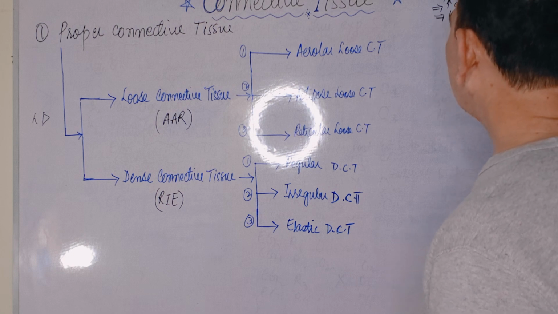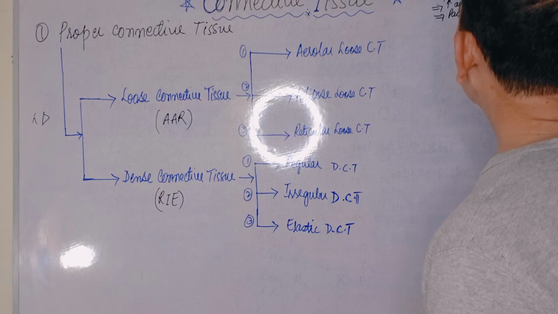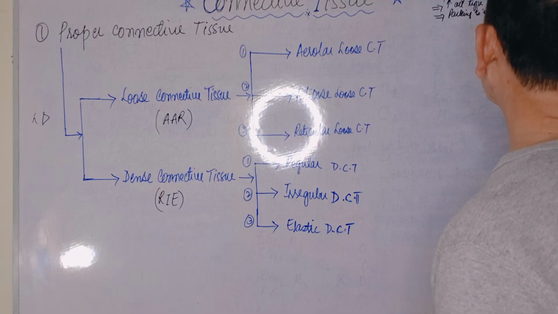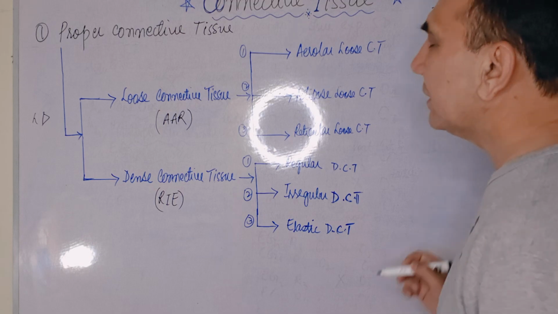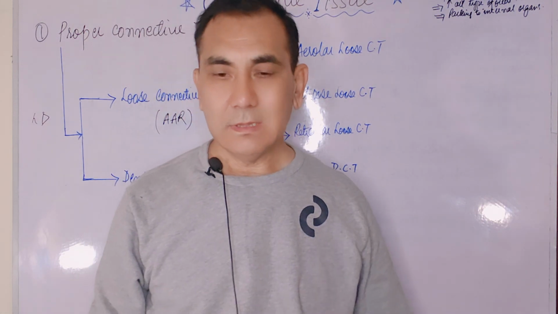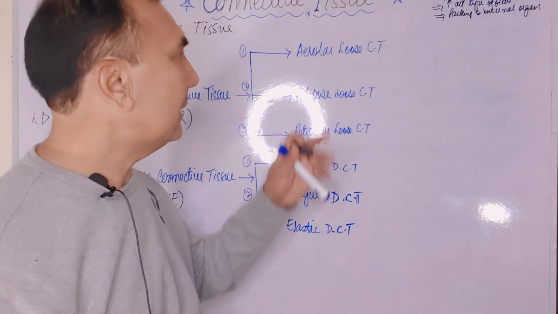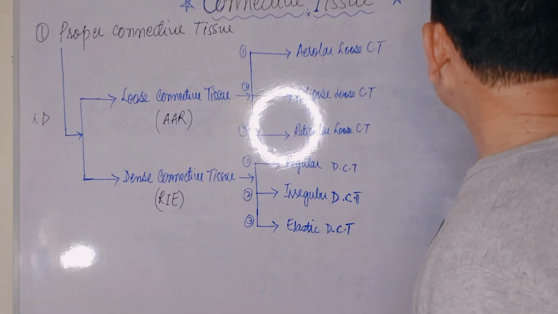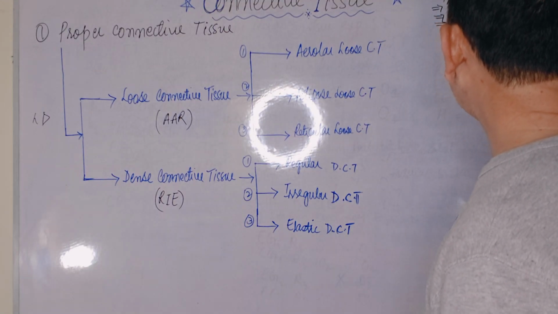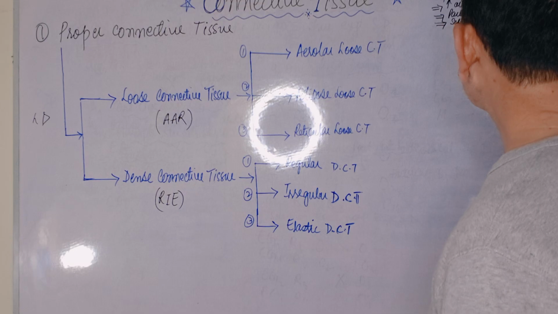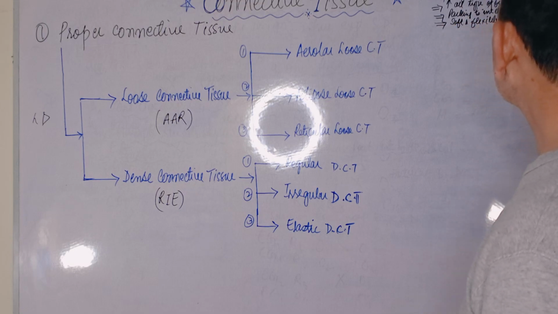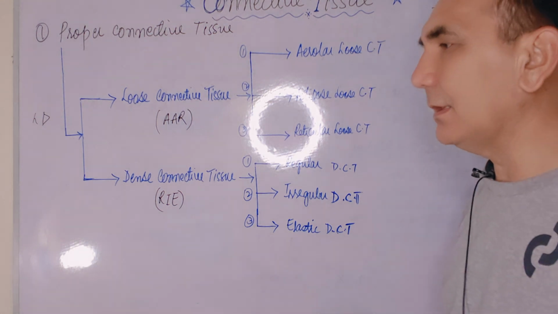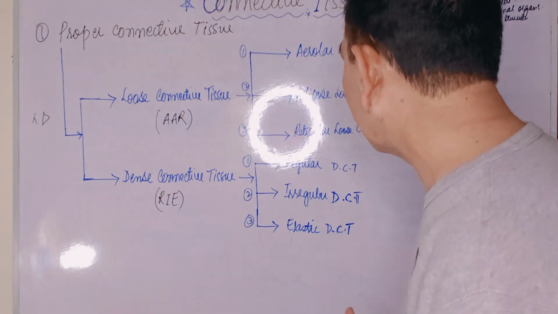The third one: it provides packing to the internal organs. The packing of internal organs or materials is provided by the loose connective tissues. So the loose connective tissues are soft and flexible in structure, and due to this softness and flexibility, they provide cushion and protection to the internal organs.